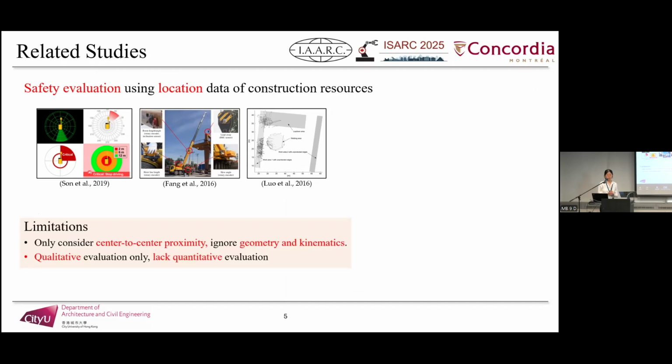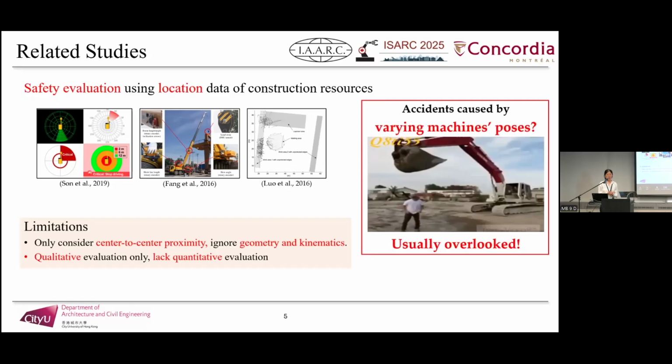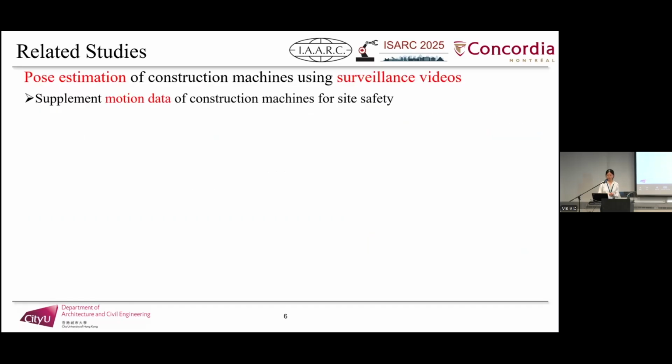With that method, we can evaluate the safety index of the construction activities so that we can provide some warnings. But most studies look at the fixed location of construction machines, while the postures of machines would actually increase the damage or the injuries to construction workers as well.